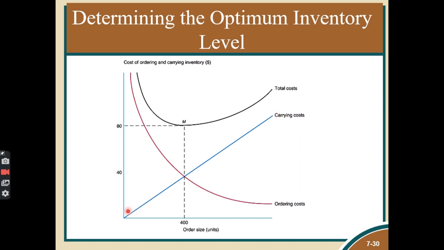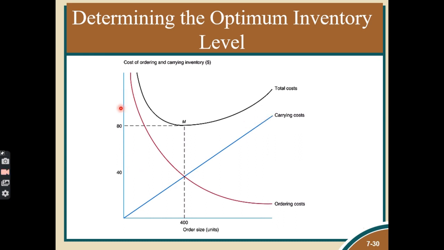If you look at this, the more units you order, or the more units you purchase, the higher carrying cost you will incur. Why? Because carrying cost is a factor of quantity. If you order less, there will be less carrying cost; if you order more, you will have a higher carrying cost.